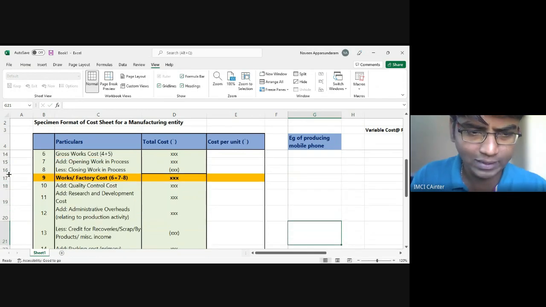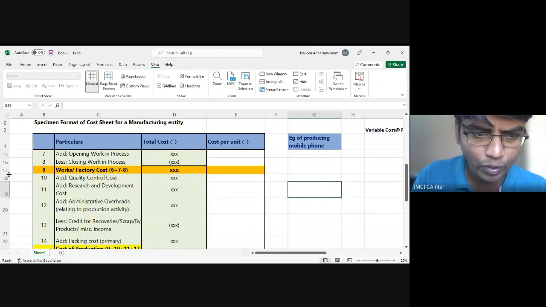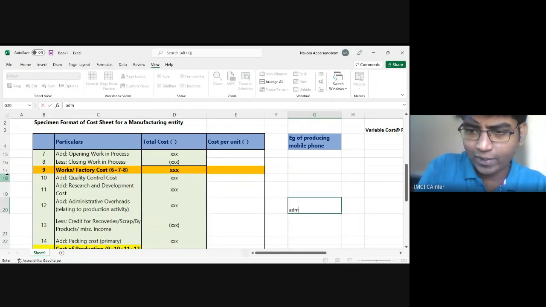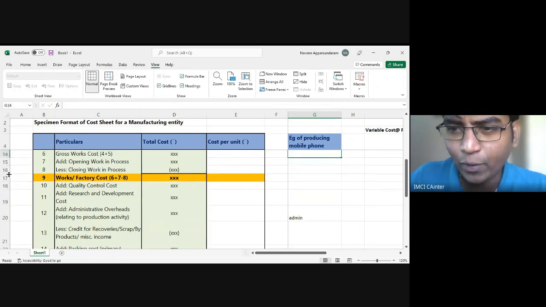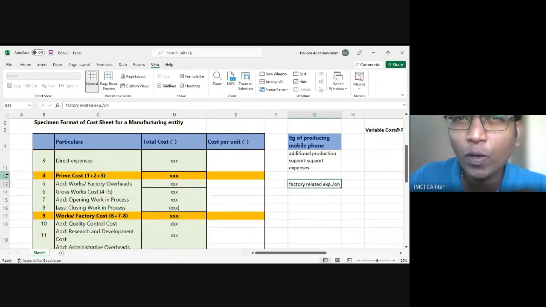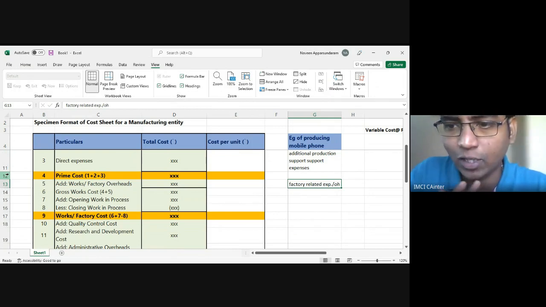So this is work in progress. Then you will be moving on to administrative overheads. Factory overheads can be people who are working. Suppose there will be an assembler, and a manager who is working for the entire production team. Their costs do not go under administrative cost.